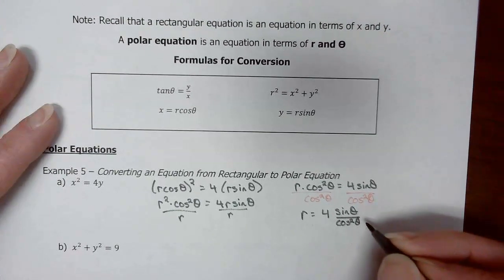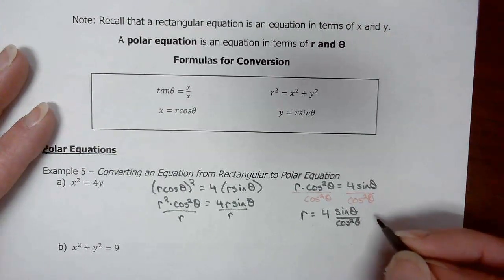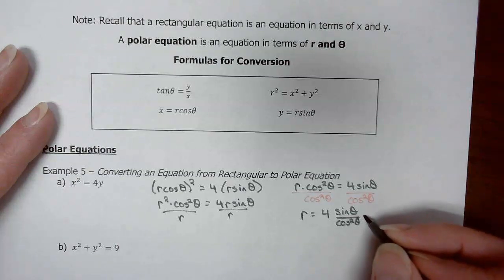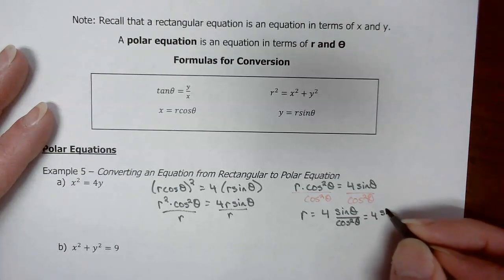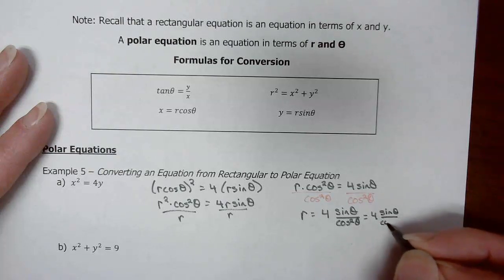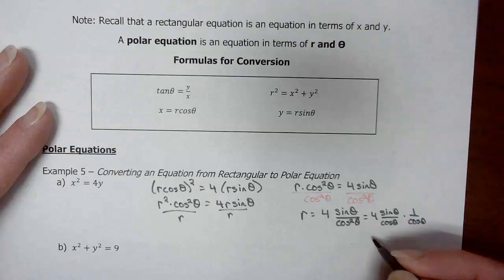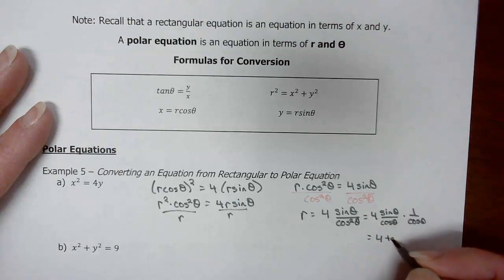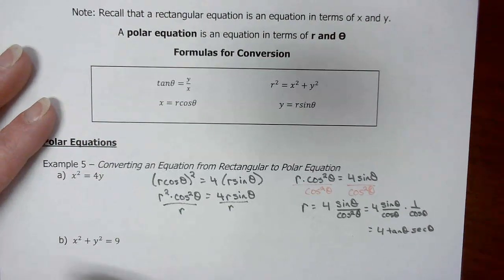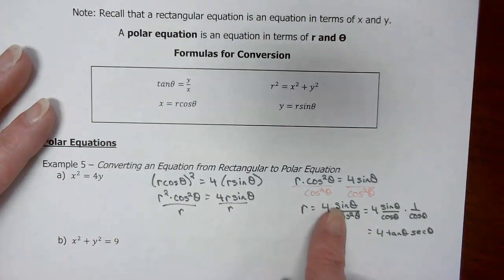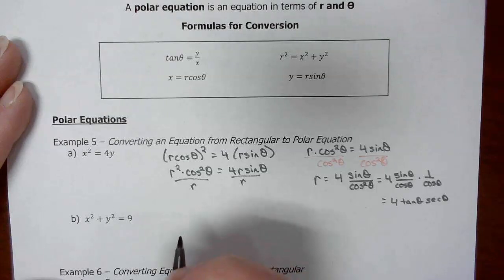Now this could be written a different way, because this could be written as sine over cosine times 1 over cosine. I want you to realize that, because on multiple choice, they could write it that way or write it this way. There's a lot of different ways.